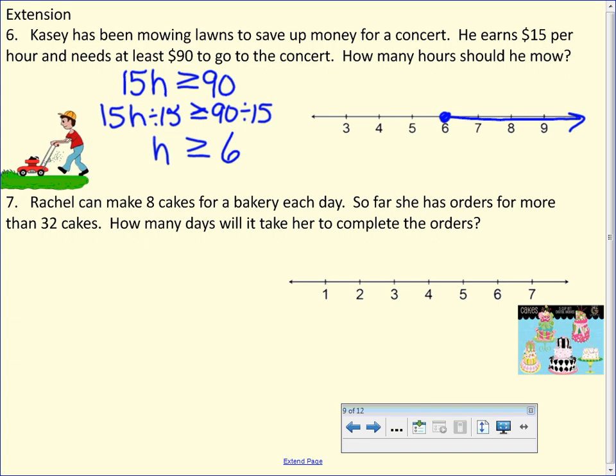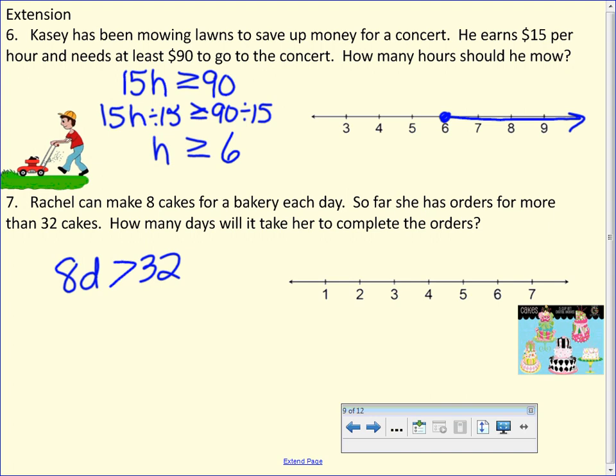Rachel's still making her cakes. 8 a day, and she has orders for more than 32 cakes. How many days will it take her to complete the orders? So if it's 8 cakes per day, and she needs to make more than 32.